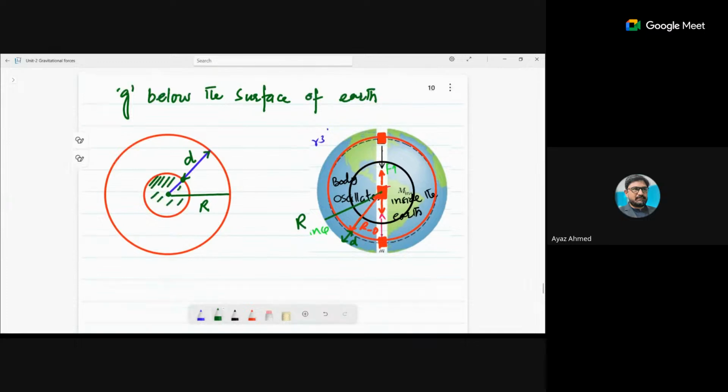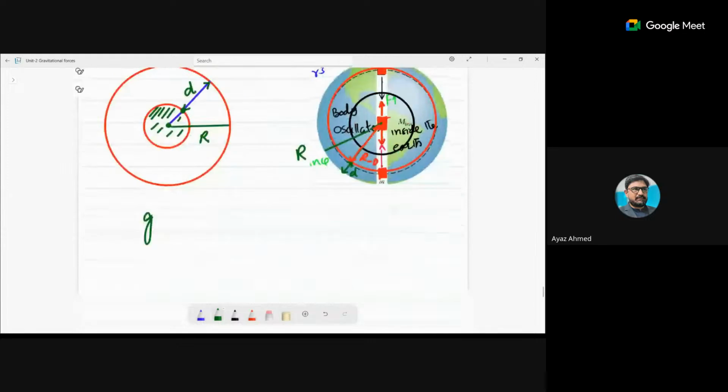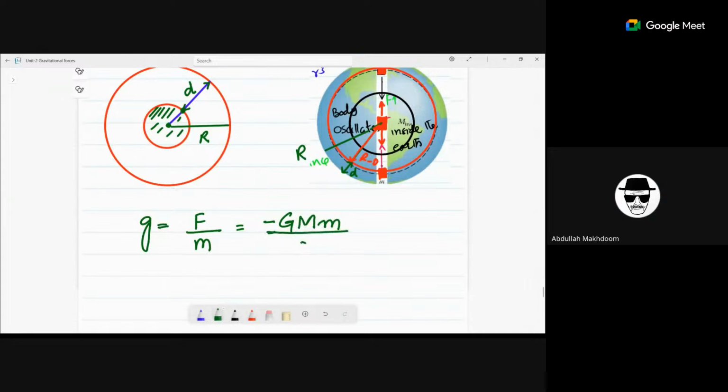Now I will use that formula, the force which is acting on my body right now, sorry, the gravitational field strength I was going to find. The gravitational field strength over there is force per unit mass, as my mass has not changed. But when I talk about the force, it is minus G times the mass of the earth and the mass of the object, divided by r, that is (R minus d) whole square, into m.